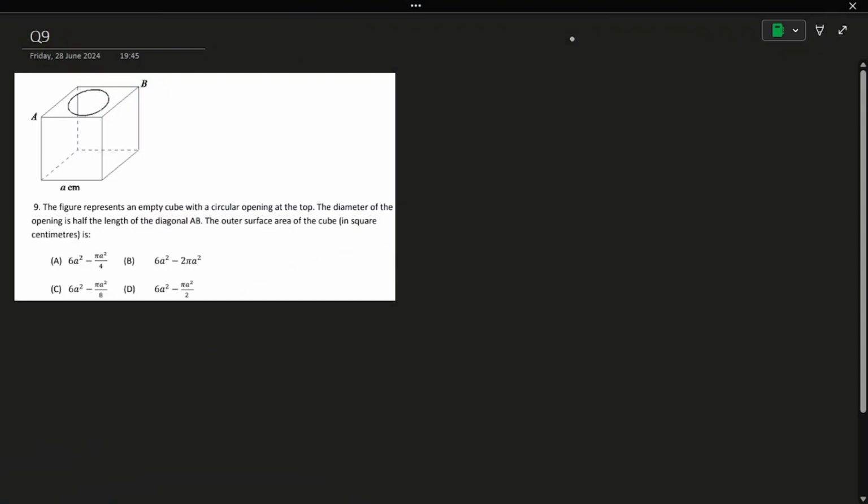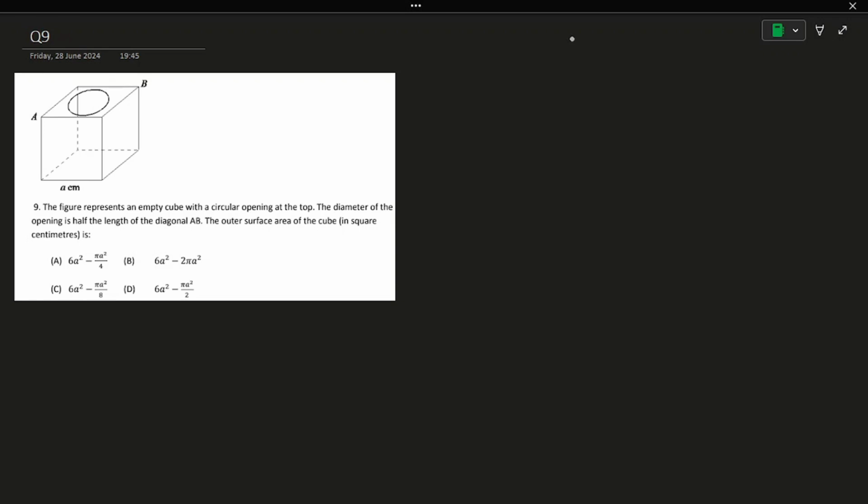Question 9 says, the figure represents an empty cube with a circular opening at the top. Diameter of the opening is half the length of the diagonal AB. The outer surface area of the cube in square centimeters is, right? So we're looking for the total surface area of this cube, given that it has a circular opening at the top.